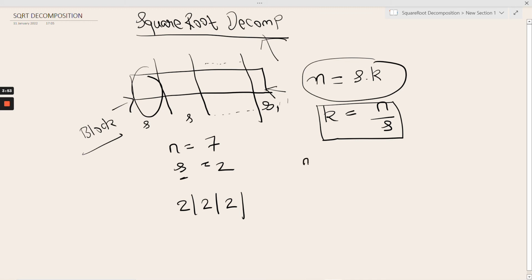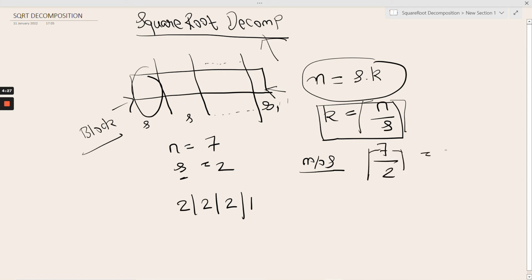We can safely say that n modulo s will be the number of elements placed in the last block, and if this is 0 we obviously won't count that as a block. Over here we are going to place one element. So we got 7 elements and the number of blocks is 4. You can see that when we talk about n by s, we actually mean the ceiling of n by s. Because here n is 7 and s is 2, so the ceiling of this gives me 4.